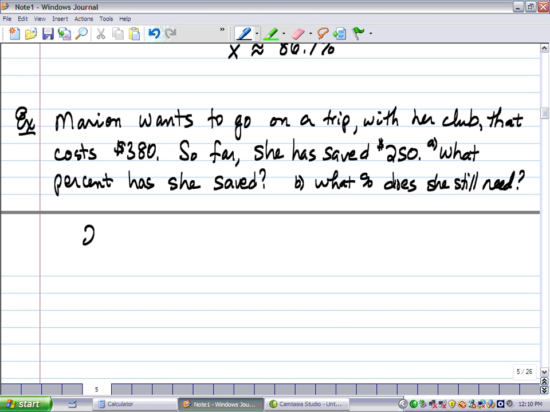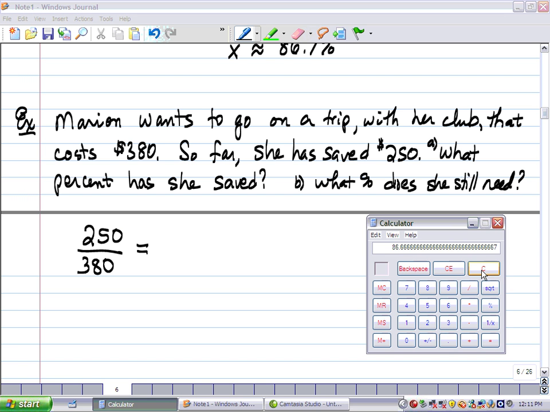Okay, she has $250 out of $380. So that's the fraction that she has. Remember, when we have a fraction, we are going to have to change it to a percent or a decimal.